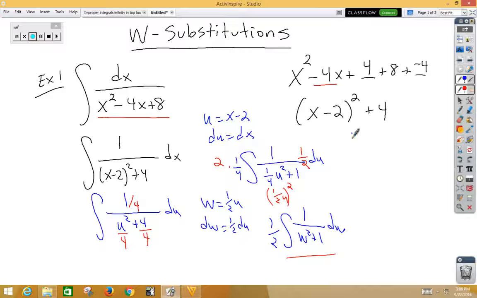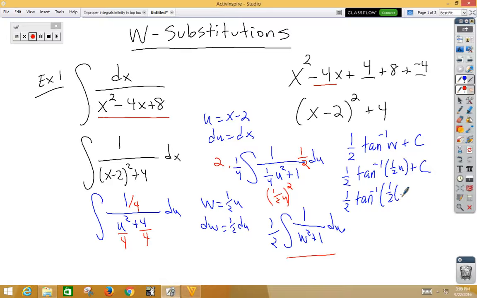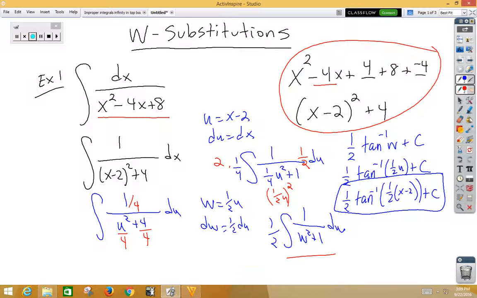So now I can go ahead and go 1/2 inverse tangent of w plus c, but it's not really w, it's really 1/2 inverse tangent, and w was 1/2 u plus c, but it's not really u, it's really 1/2 inverse tangent of 1/2 of what u was, which was x minus 2 plus c as our final answer. So again, the key is to complete the square in the denominator to set this up.